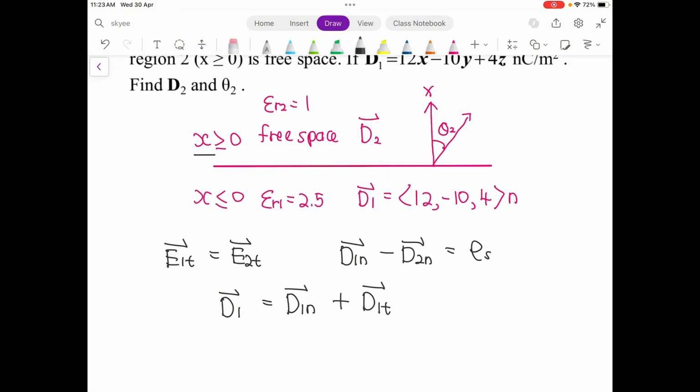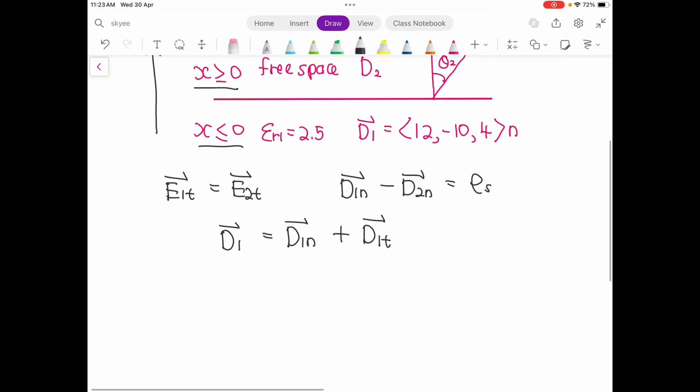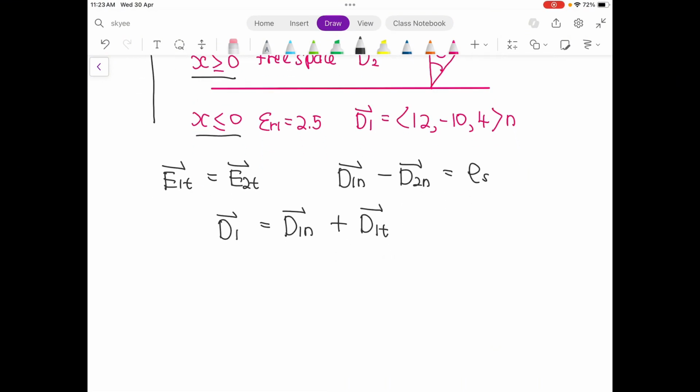We know that this is the x-axis, so whatever component is parallel to the x-axis would be the normal component. The normal component will be 12x, and the tangential components would be negative 10y plus 4z. They are not nano.